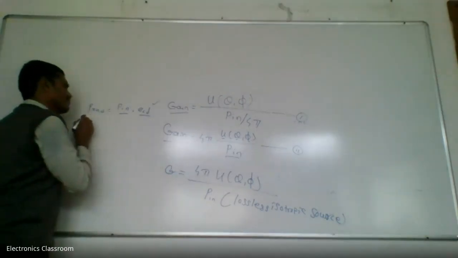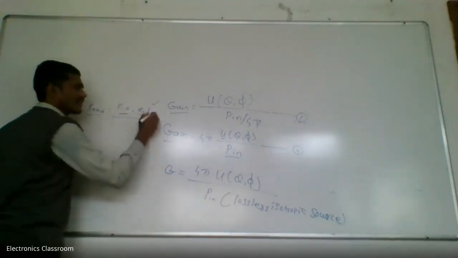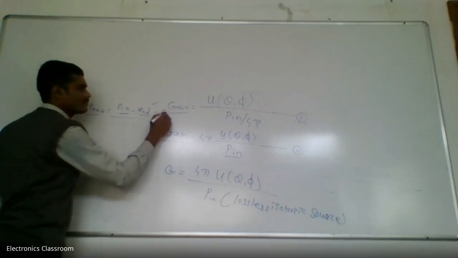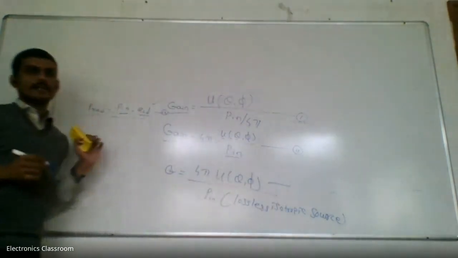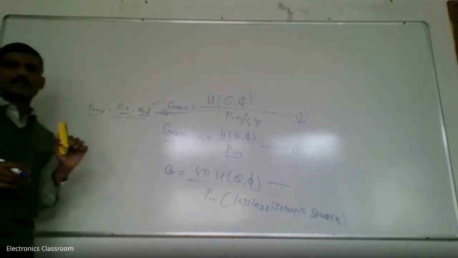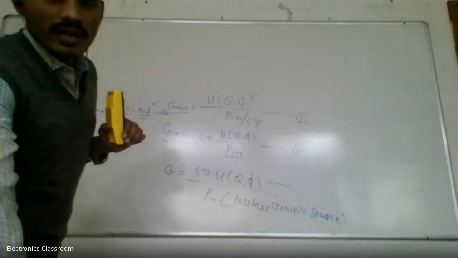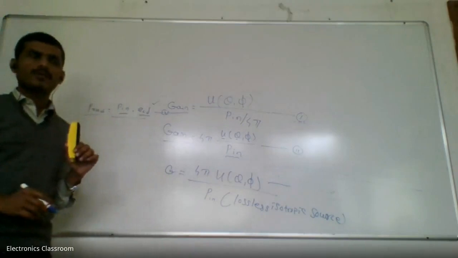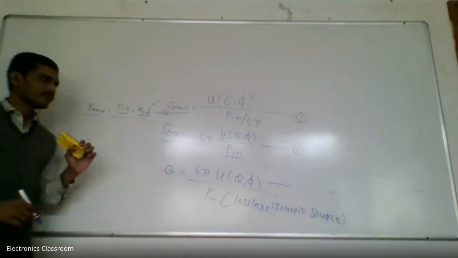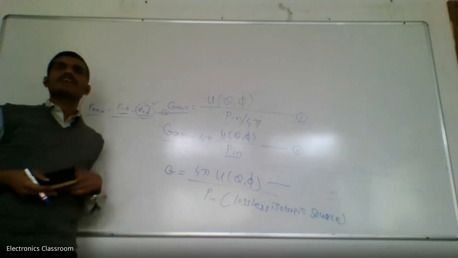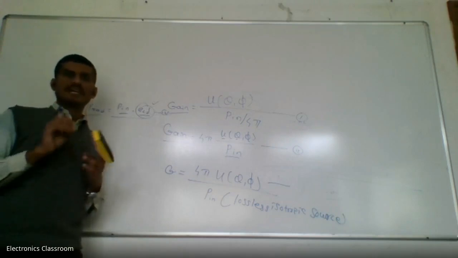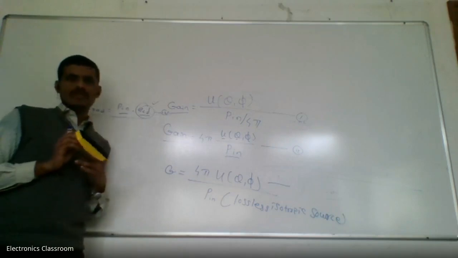That means by using this equation we can calculate the total radiated power, where we know that e_cd is the antenna radiation efficiency.